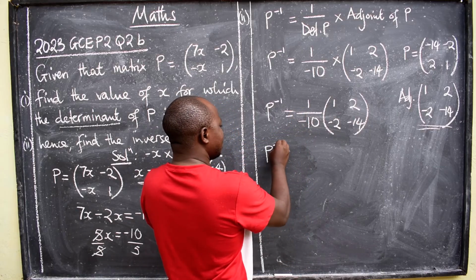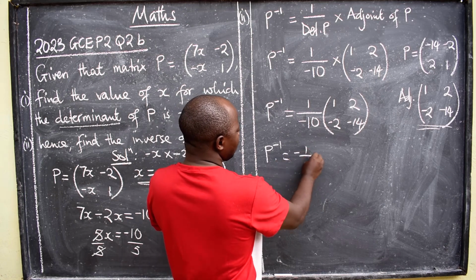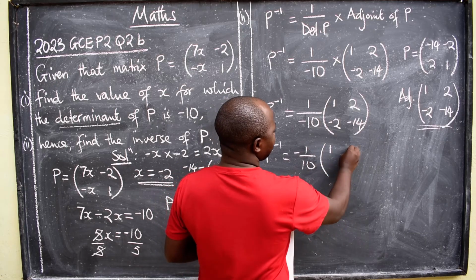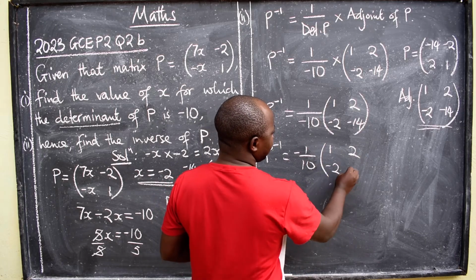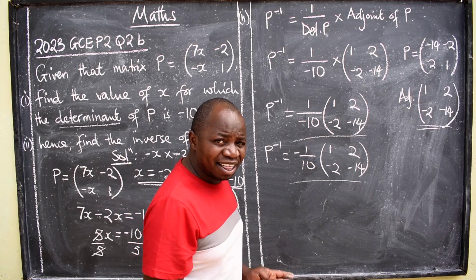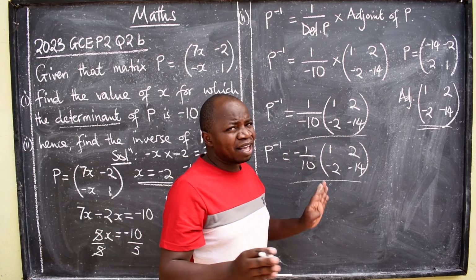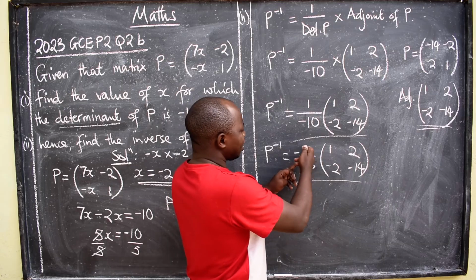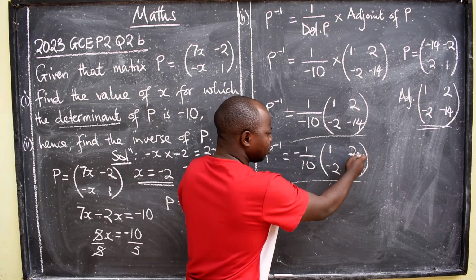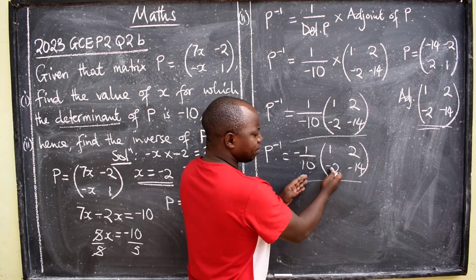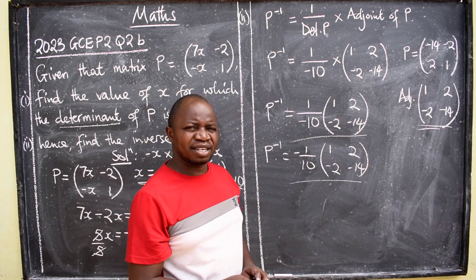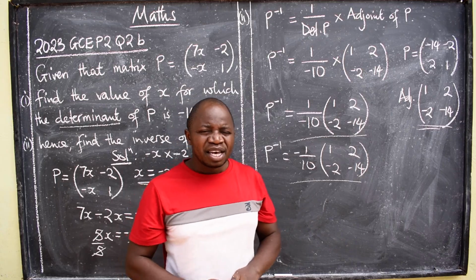You can still say P inverse is equal to -1 over 10, like this, and then we have 1, 2, -2, -14, like this, or this. Again, others who still want to multiply, that is not a problem as well. You can still say -1 over 10 times 1, you find the value. -1 over 10 times 2, you find the value. -1 over 10 times this, you find the value. It is all the same. I hope this information is clear.